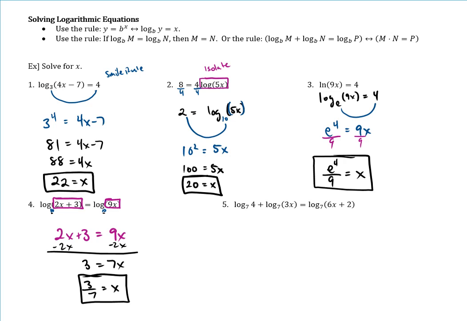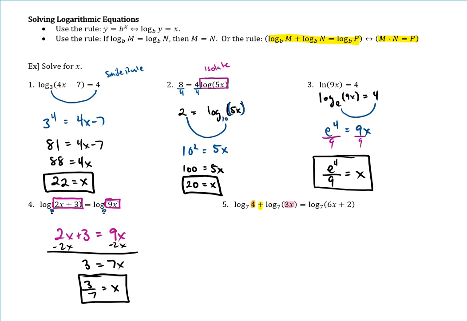This one has multiple logs on one side. Well, there is a rule that would help us. It's right here. Actually, let's highlight the whole thing. Where it's telling us, because I have this plus sign right there on my left side, so I'm just highlighting it, it's saying I should multiply my first argument of 4. Let me do that in pink, actually.